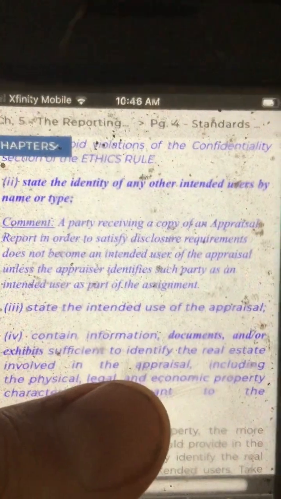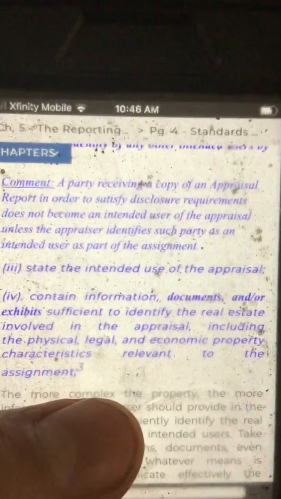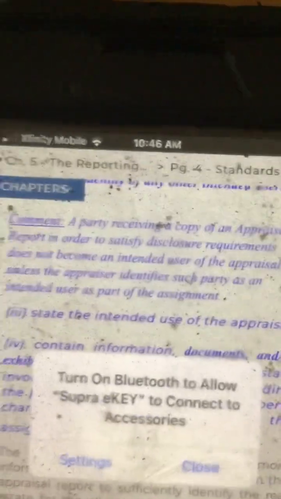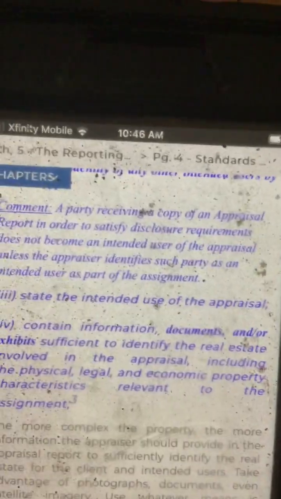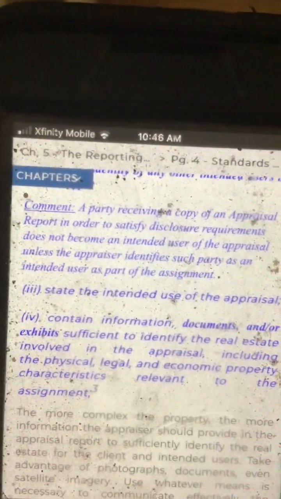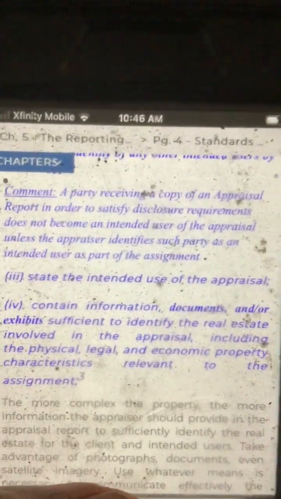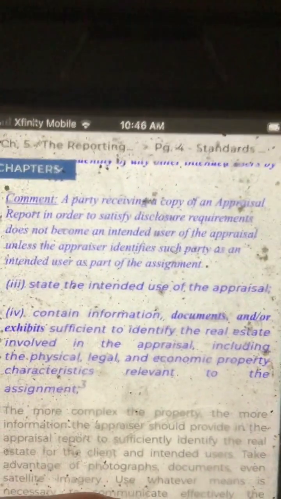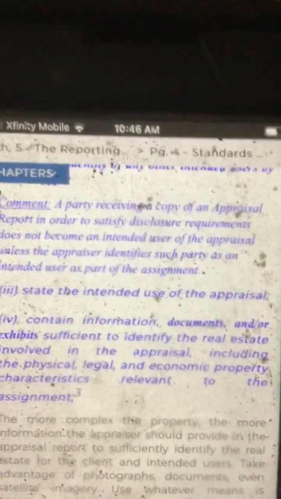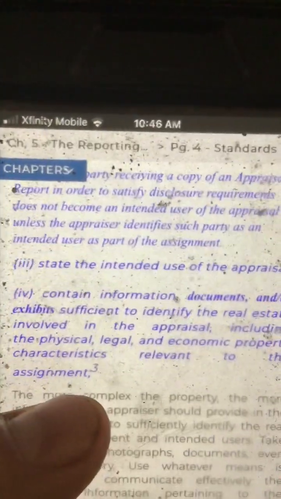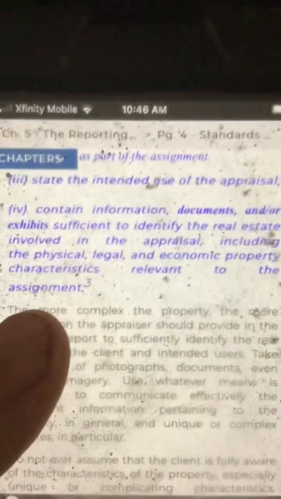2. State the identity of any other intended users by name or type. Comment: a party receiving a copy of an appraisal report in order to satisfy disclosure requirements does not become an intended user of the appraisal unless the appraiser identifies such party as an intended user as part of the assignment. 3.